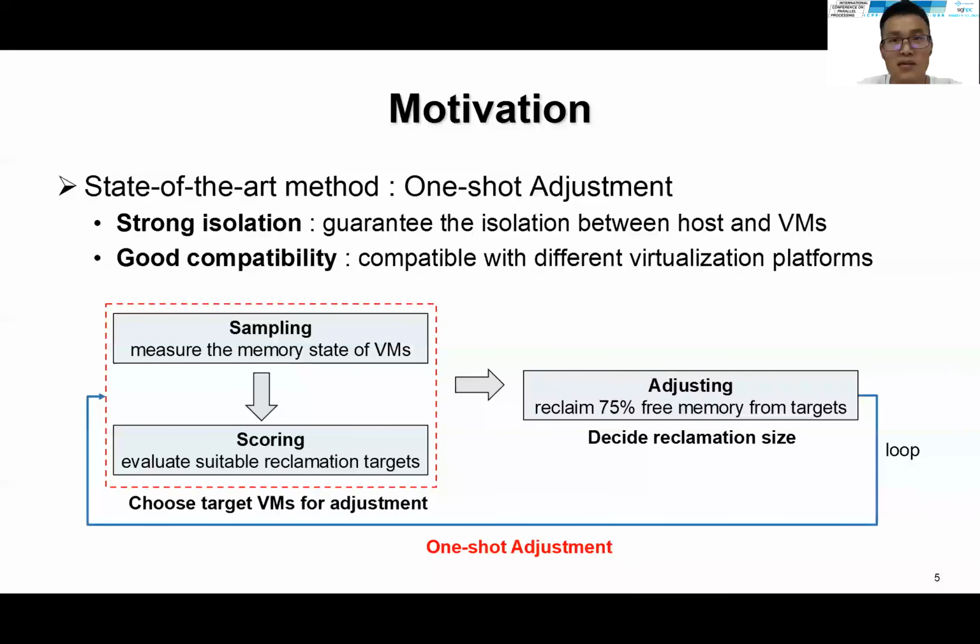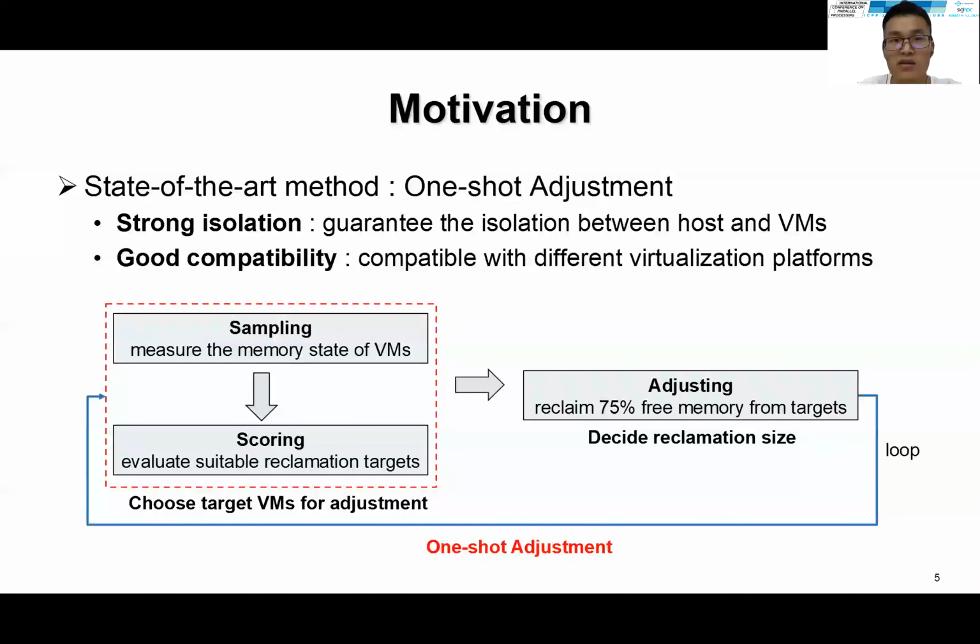The state-of-the-art balloon-based method determines the target VM and reclamation size for adjustment, while the adjustment operation is executed by calling the balloon driver. Since the memory adjusting decisions are made independently each time, we name this method one-shot adjustment. It has two advantages: strong isolation and good compatibility.